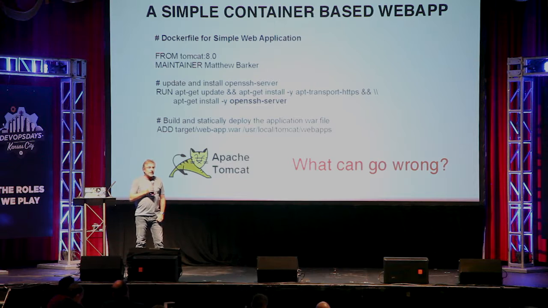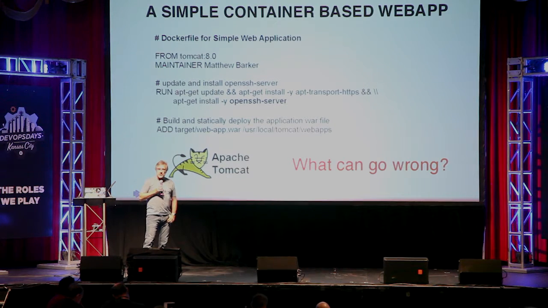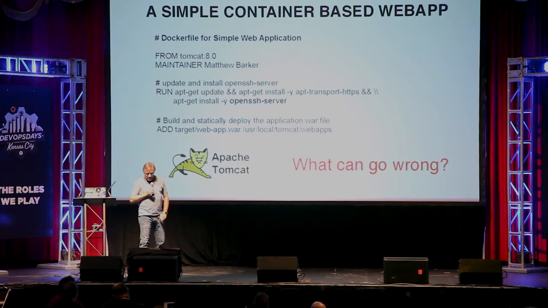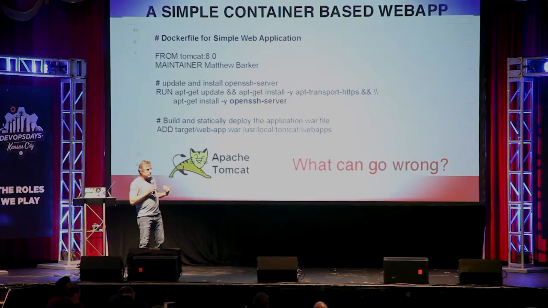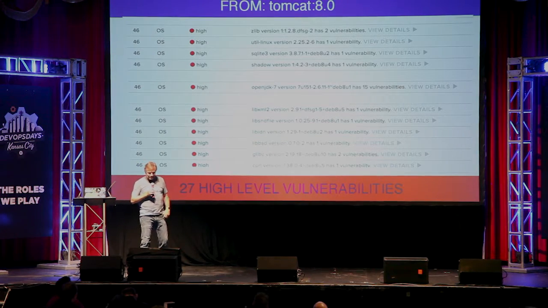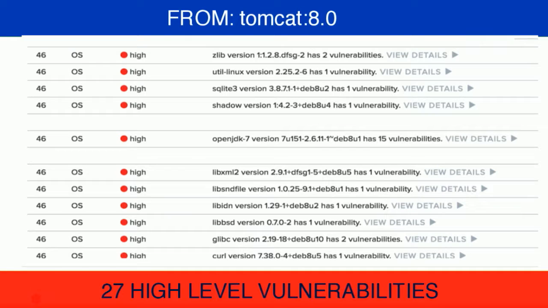We're going to start out by looking at a simple web app based on Tomcat. We're installing SSH server, and we're adding our application as a WAR file. Looks really simple. What could go wrong? Well, the Tomcat base image has 27 high-level vulnerabilities in the SDK, in utilities, in the OS.